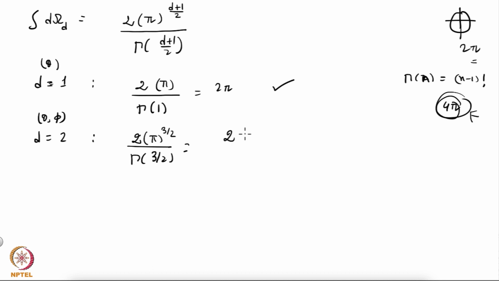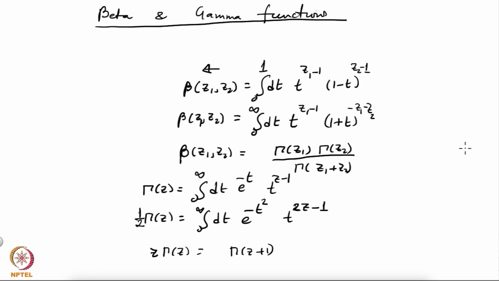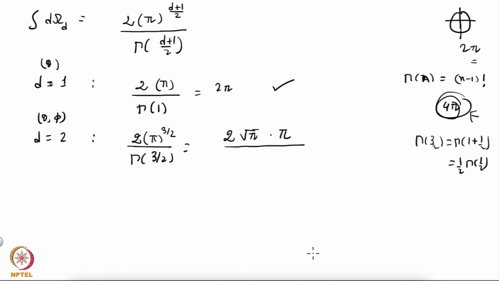So this is 2 root pi into pi, that is pi 3 halves, over gamma 3 halves, which is gamma 1 plus half. This is half gamma half, right? Half gamma half because of this property. So you have half gamma half. Now gamma half is root of pi.